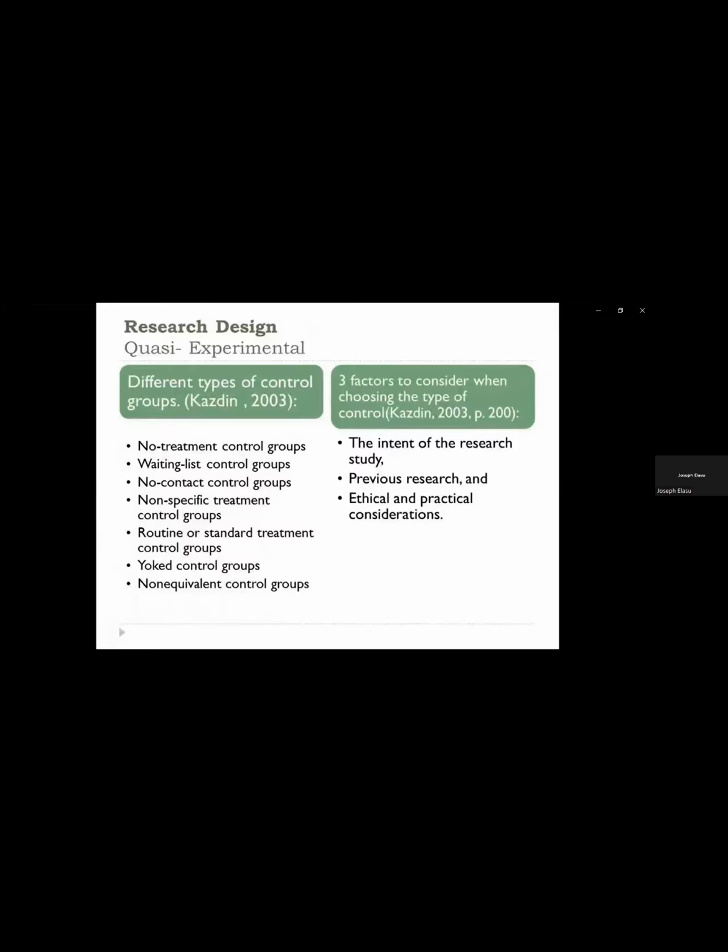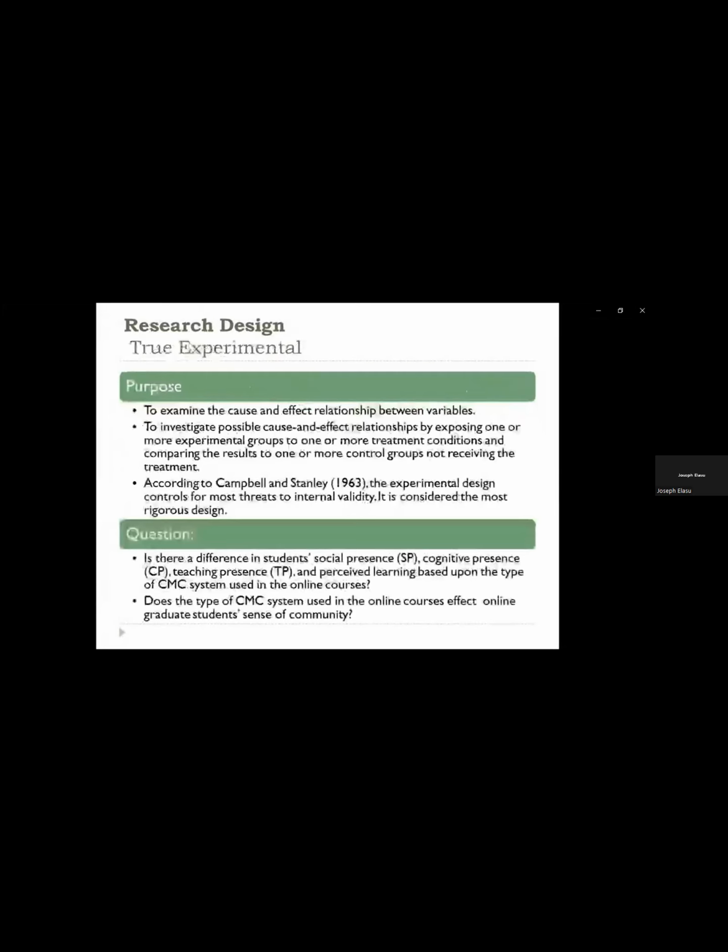If you're thinking about a causal comparative study and you have the opportunity to do a quasi-experimental study, I highly, highly recommend you consider it. It's a much more rigorous, better research design. There are fewer threats to internal validity.